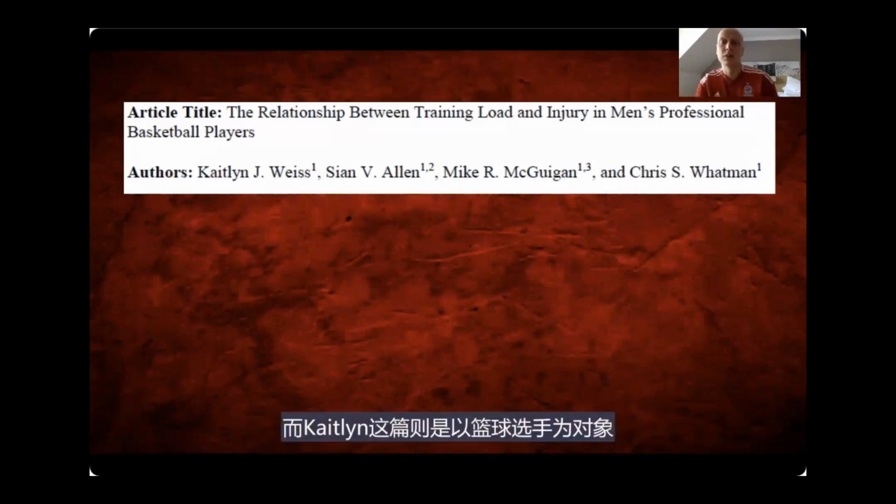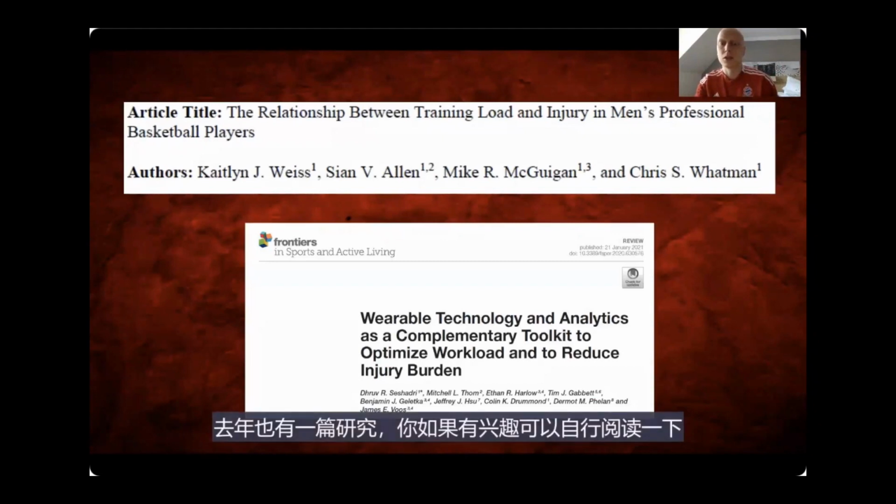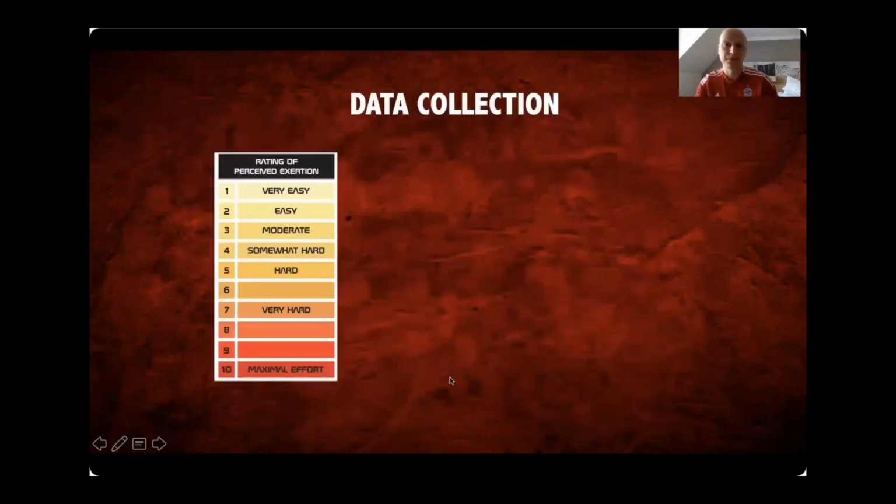There was a brilliant study made by Kathleen Weiss about the use of acute chronic workload ratio among basketball players, and she said that the sweet spot zone is between 0.8 and 1.4 or 1.5 on that scale. And if you want to look a little bit deeper into new research, one great article was published last year, so you can check it out as well.